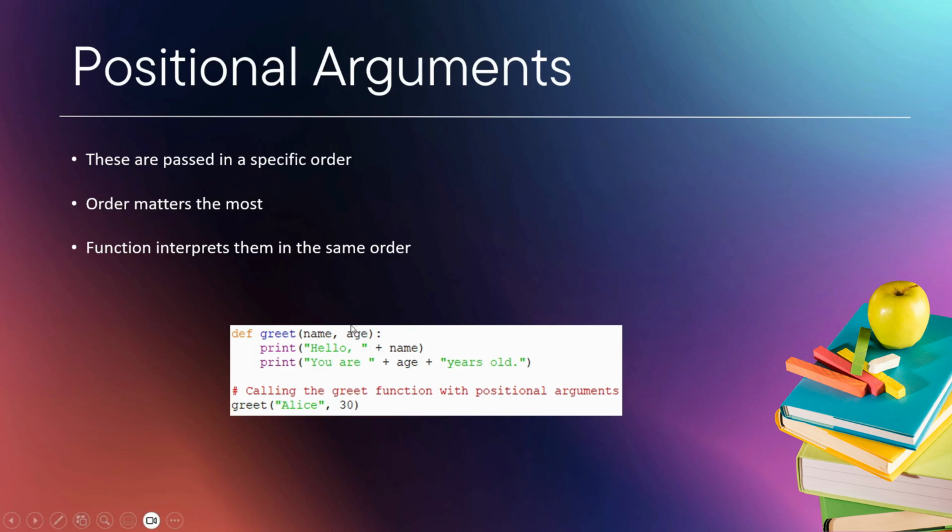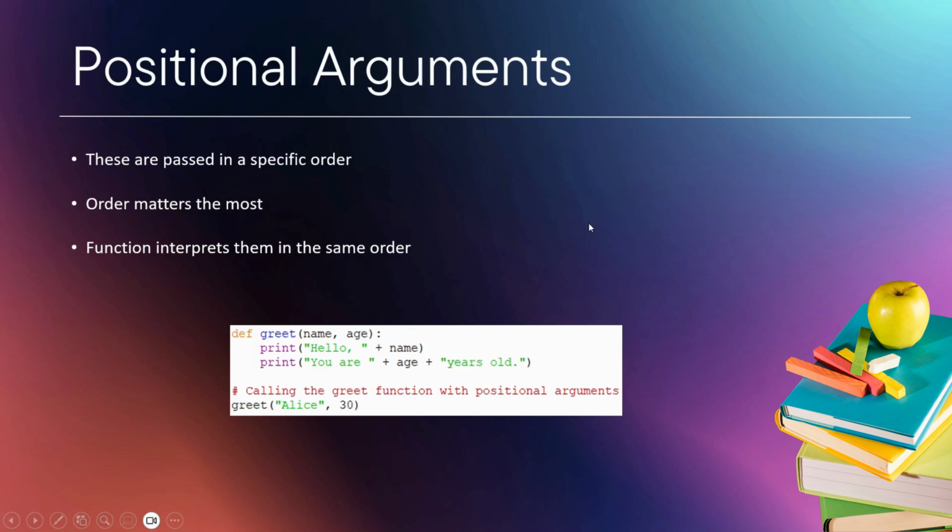So whatever I write here, name and age, these are called the parameters of the function. Now when I call the function and provide values, these are called arguments. Both terms are mostly used interchangeably, like when people say what is the argument, they could also mean this, but the correct terminology is that these are the parameters and these are the arguments.